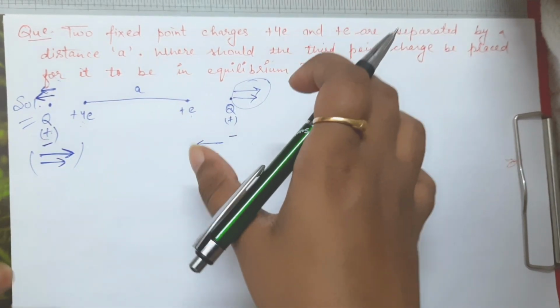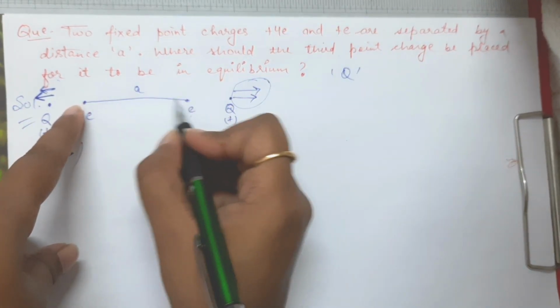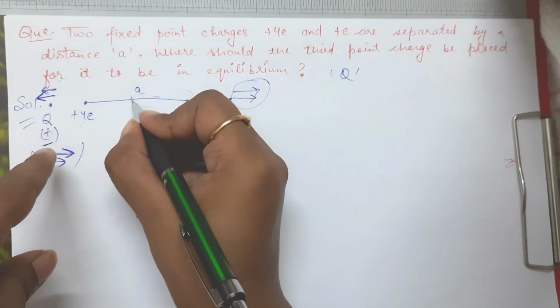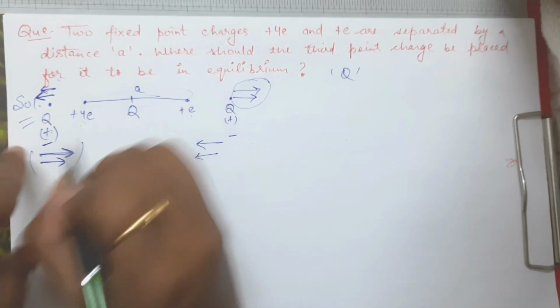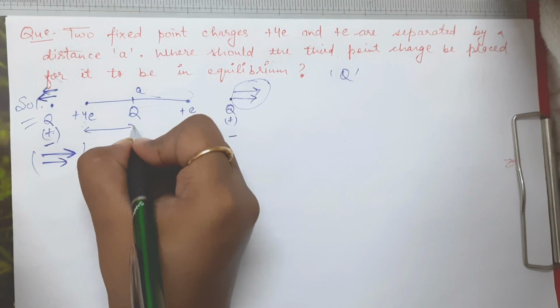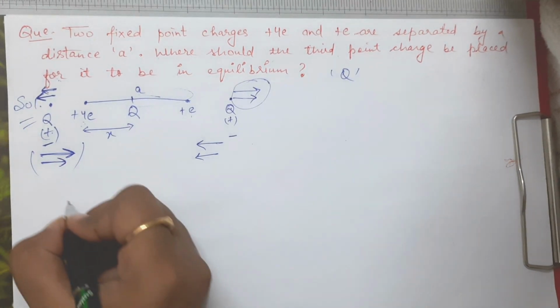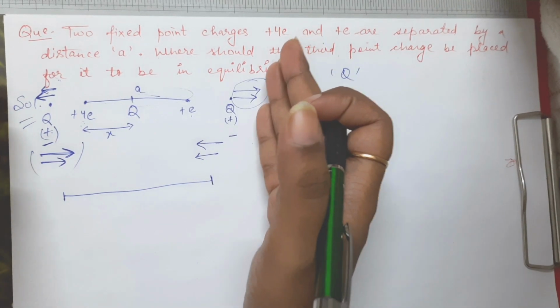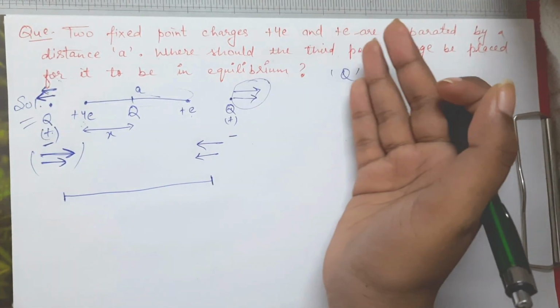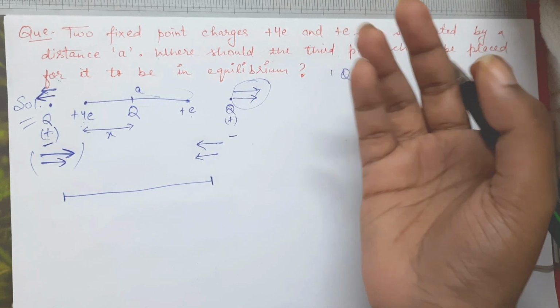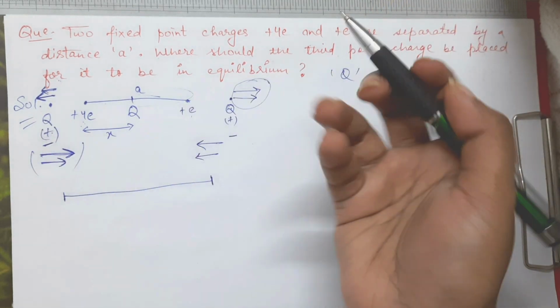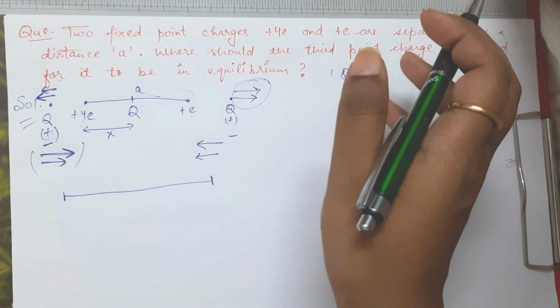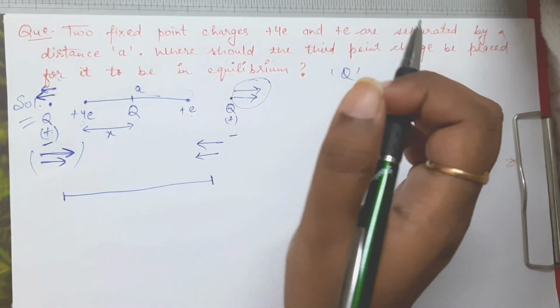It is going to be in between these two point charges, somewhere in between. Suppose this is placed here at a distance x. So I hope this point is clear that we cannot place it on the left side or right side, because either way, whether it is positive or negative, the net force on it is never going to be 0.